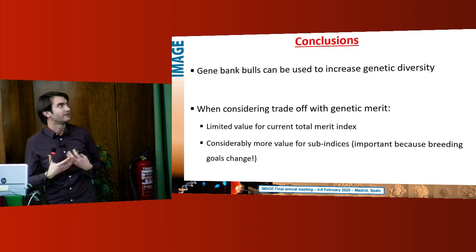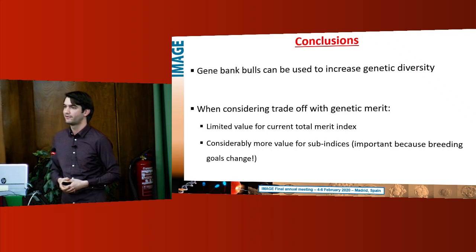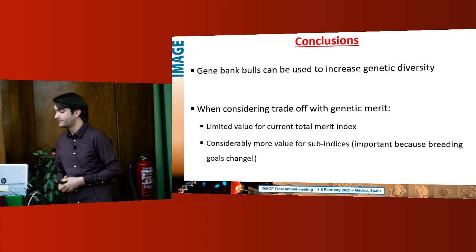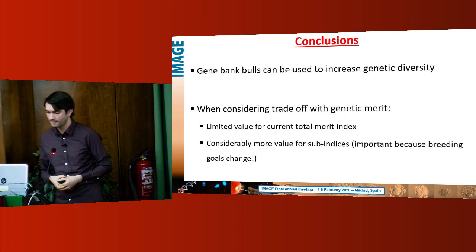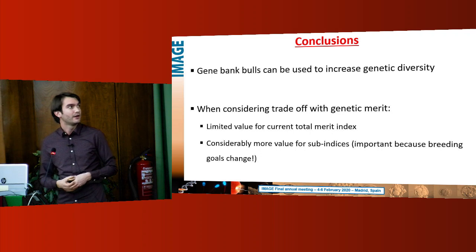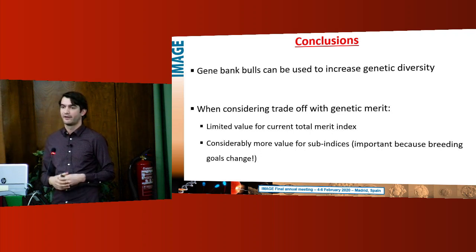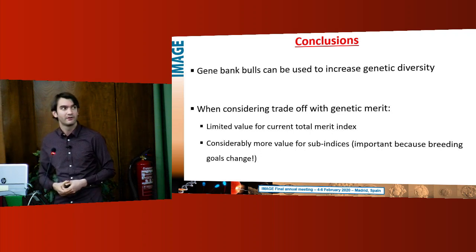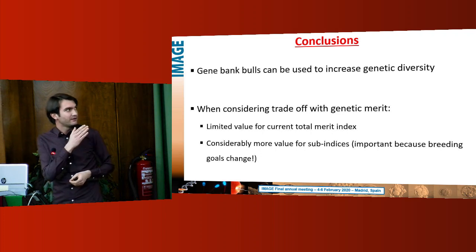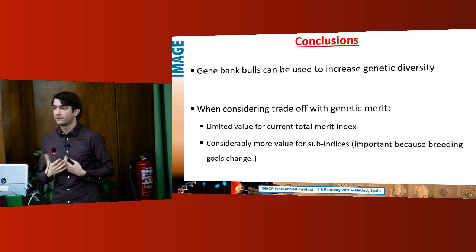So in conclusion, I would state that gene bank bulls can be effectively used in both commercial and local breeds to increase genetic diversity. When we consider the trade-off with genetic merit, then it seems that there's limited value for the current total merit index. However, if we look at specific sub-indices, then this value becomes a lot larger.